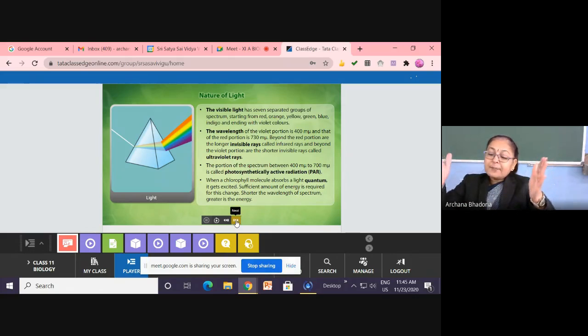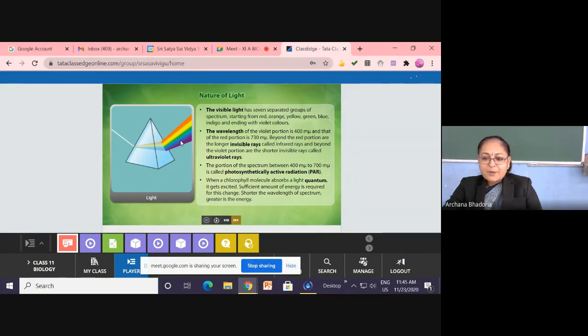That means what is reaching us from the sun? 3 types of rays are reaching: one is infrared, another one is visible, and the third one is ultraviolet. Now visible light is only the 7 colors which we have seen. So visible light gets separated into 7 colors.